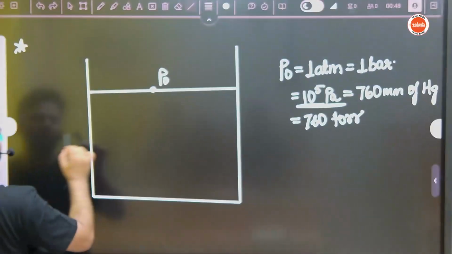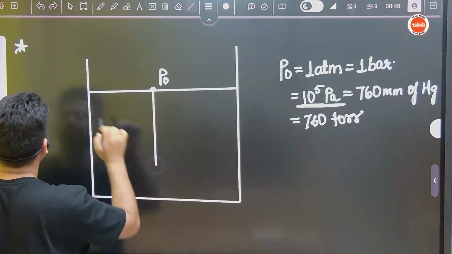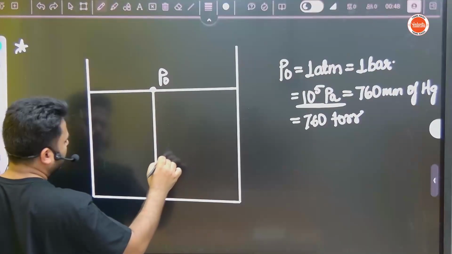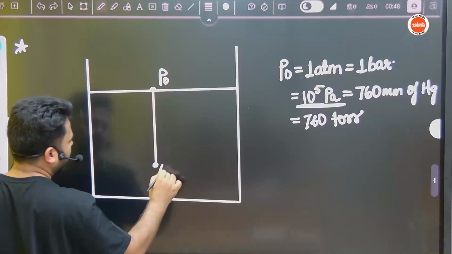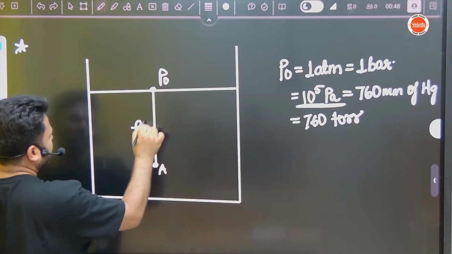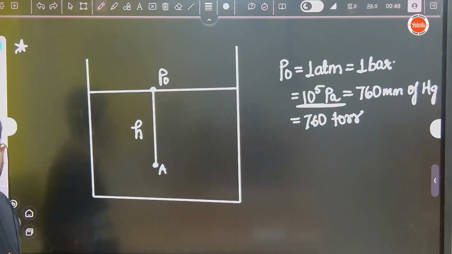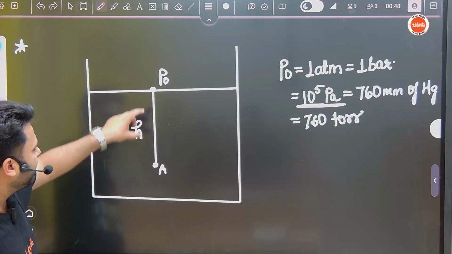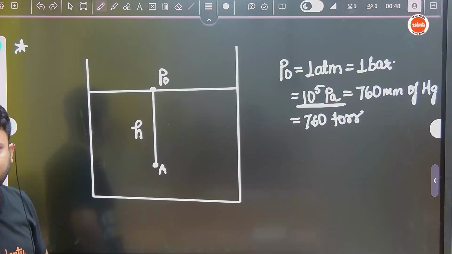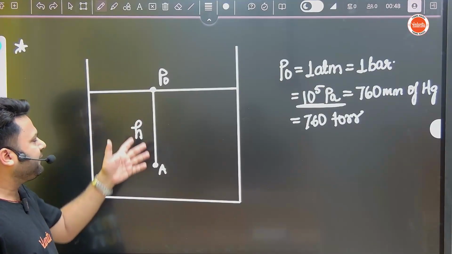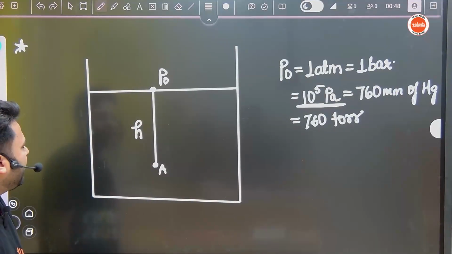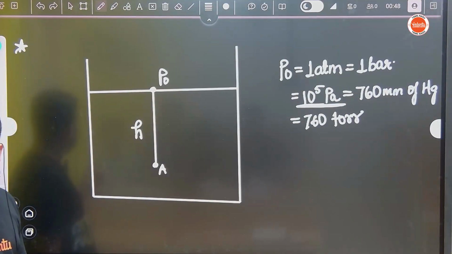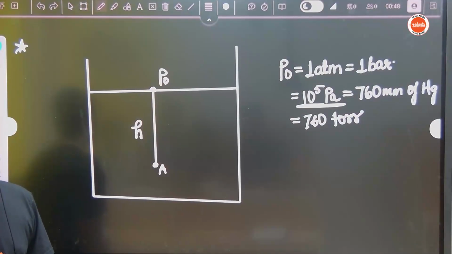Now as we move down, suppose there is a point A, at a distance, a depth of h. If someone asks, what is the pressure at A? If we compare P naught and A, which point will have more pressure, or will they have the same pressure? See, as you go down, is there any acceleration? Yes, acceleration due to gravity.